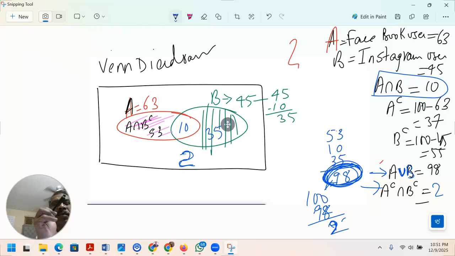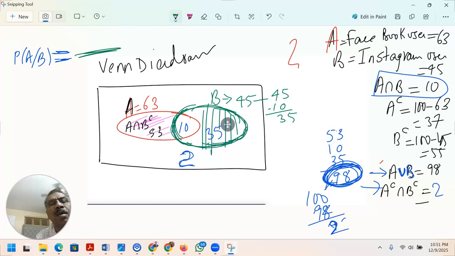Now, if they had to ask us, let's say, the probability of A given B, what does this mean? If a student is known to be on Instagram, that means from B, there are 45 students who use Instagram.